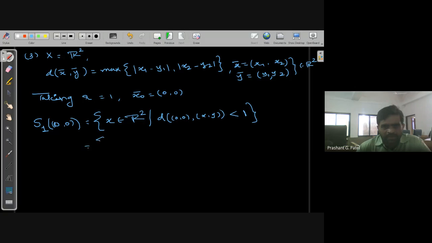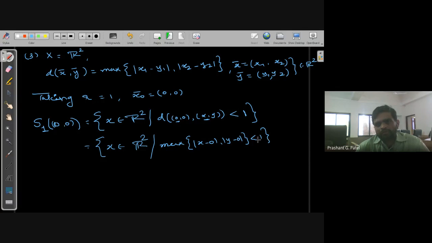As per the definition of the metric, this distance is the maximum of mod of x minus 0 and mod of y minus 0, less than 1.